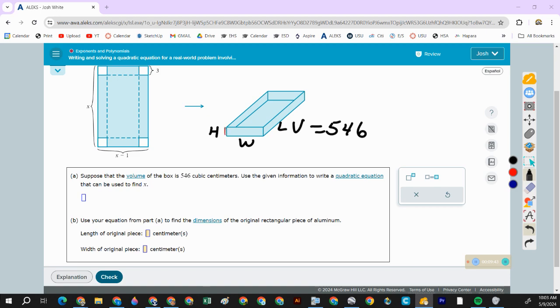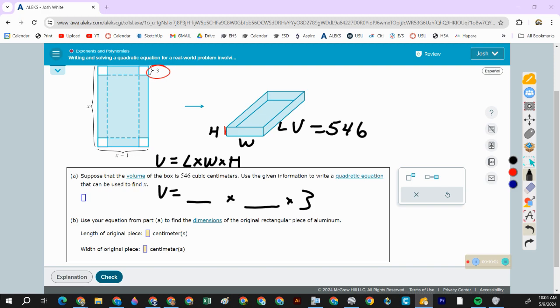Well, the height is 3. So the volume is something times 3.